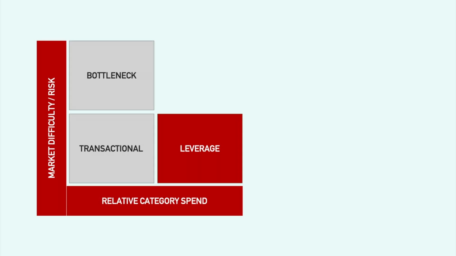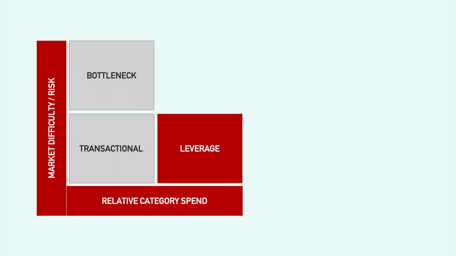In contrast to bottleneck, procurement really enjoys working on spend categories in the leverage quadrant. Here, procurement is able to enjoy wide supplier choice and, due to relatively high spend, is frequently able to flex its muscles through the use of competitive tendering and reverse auctions.